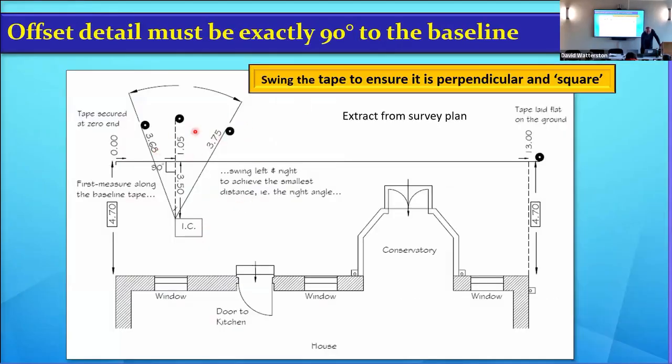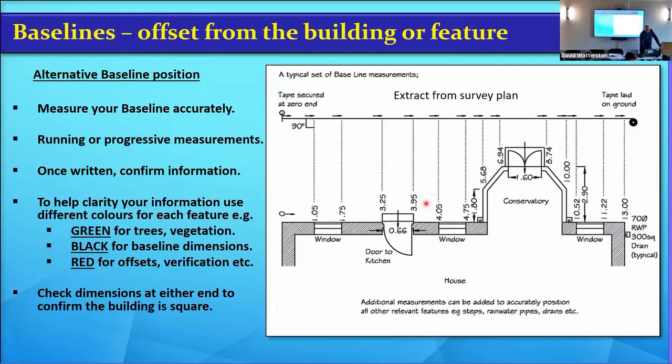If you swing your tape back and forward, you'll immediately know when you get 90 degrees. All right, because once you've done it a few times, you'll find out that it is quite accurate, and you'll certainly get it within 5 or 10 mil, regardless of the distance of it.